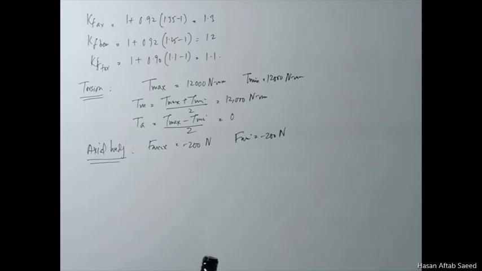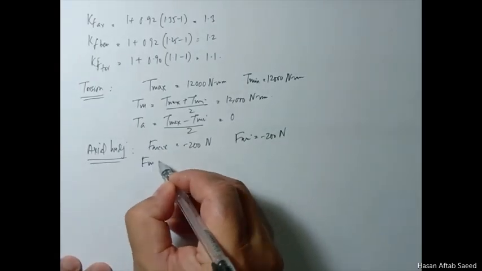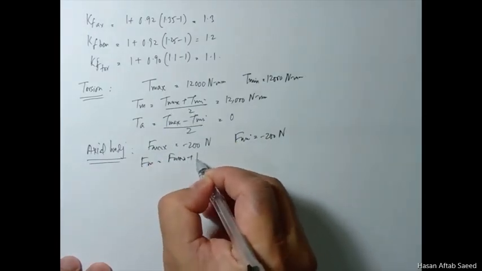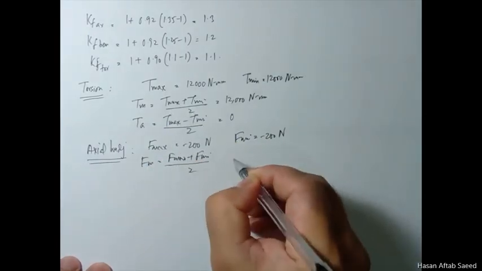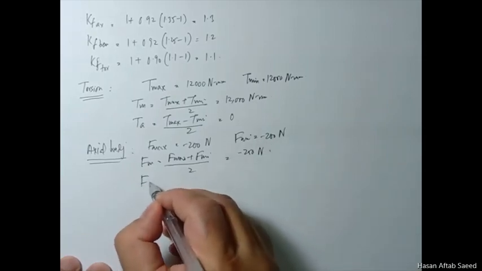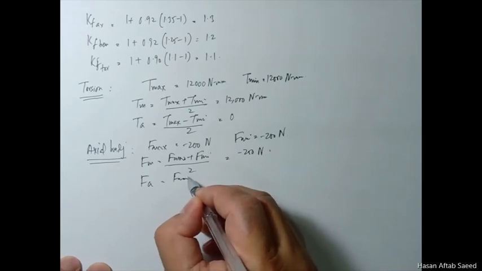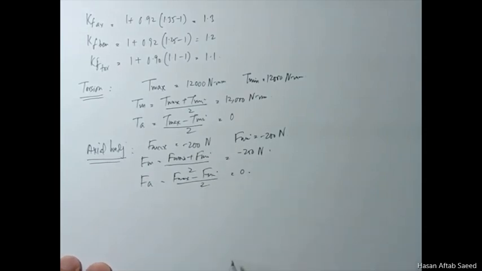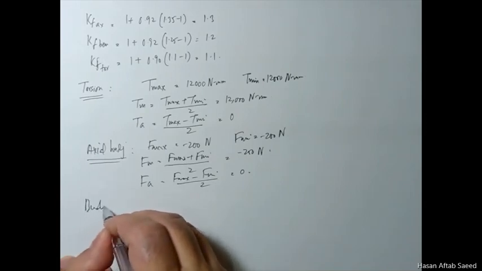At that time, you have the maximum value and the minimum value, with no fluctuation. So using the same familiar expression, F max plus F min over 2 will give you minus 200 Newton, and the amplitude component, F max minus F min over 2, will give you 0. What about bending though?